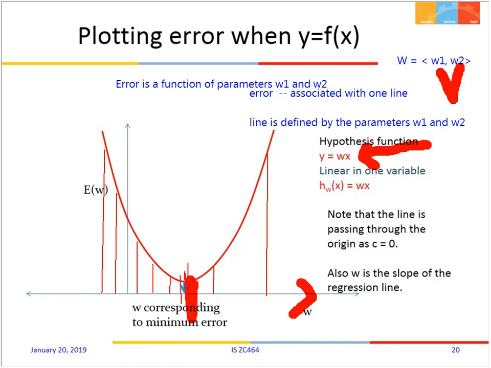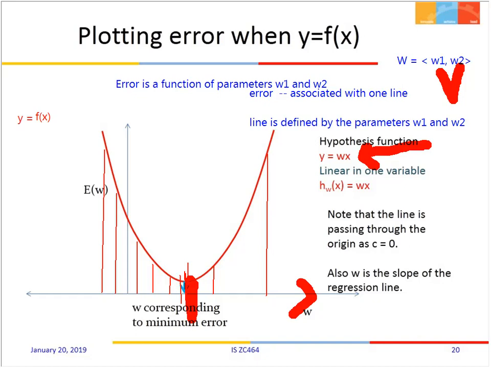Yeah. So Harish, you have a doubt. What is E(W)? E is the error, and on the same lines, when we write f of x, this means f is a function of x. That means whenever x changes, the value of f(x) will change. If I represent y equals f(x), that means the value of y changes whenever x changes.